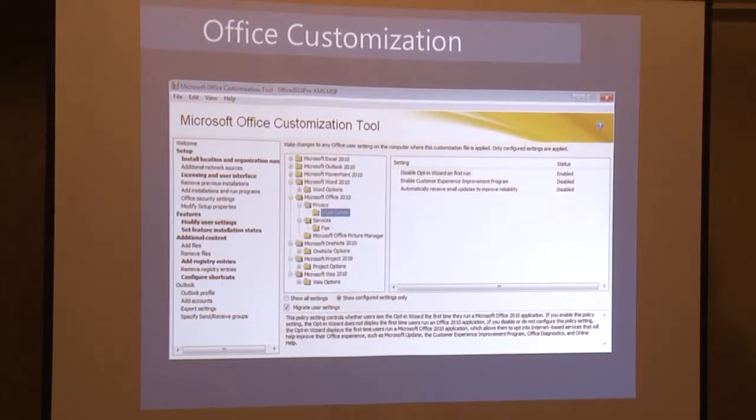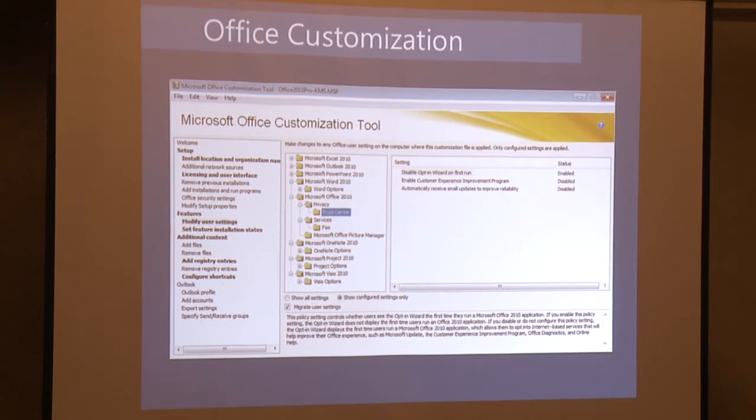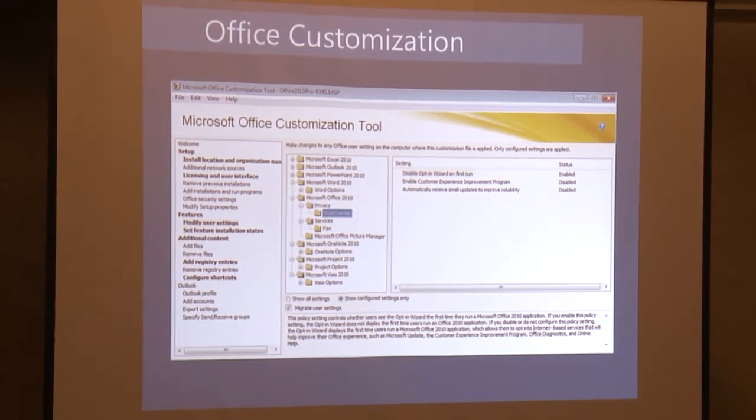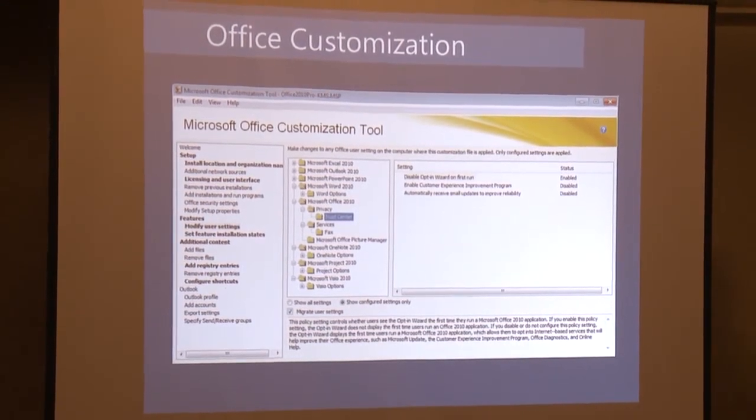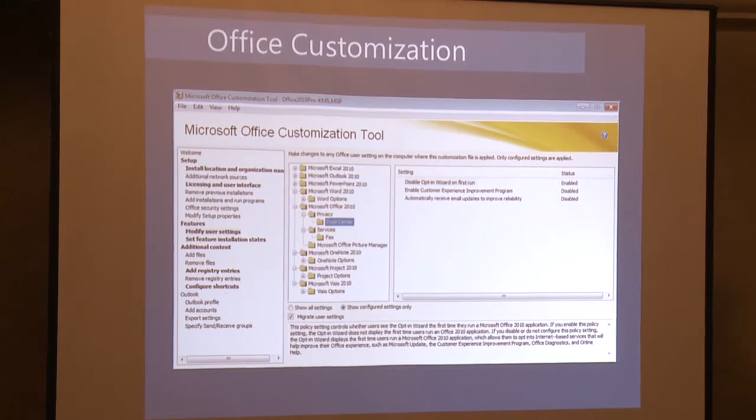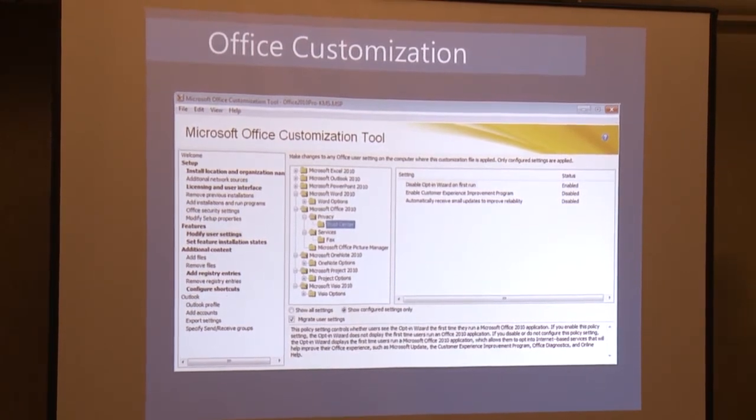Anyone not familiar with the Office Customization Tool? Okay, cool. That's pretty good. Certainly seen mixed experiences with people who perhaps don't know anything about this stuff. Great thing about Office 2007, Office 2010, this is built into setup these days.